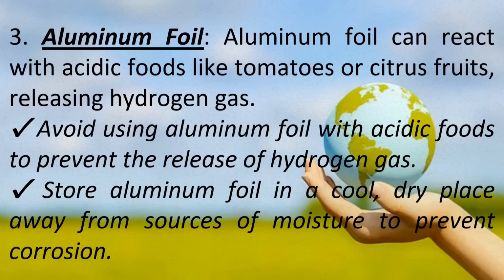And another thing that I observed, you should not heat food in an aluminum foil, especially in a microwave oven. Nagre-react siya, nagkakaroon ng spark, no? So never reheat your food in an aluminum foil, and then you're going to reheat it in a microwave oven.